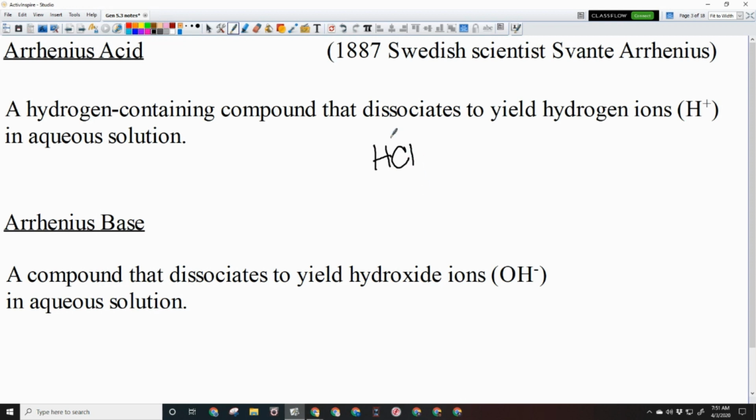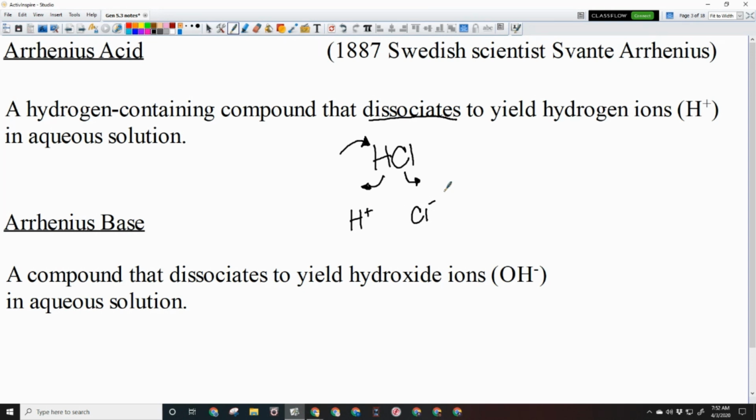We've seen this before, and we've heard of this. So this is a hydrogen-containing compound that dissociates. That word dissociates means to split apart. So this will split apart into hydrogen ions and chlorine ions. So we'll have hydrogen ions in water, and we'll have chlorine ions in water. It splits apart, it dissociates.